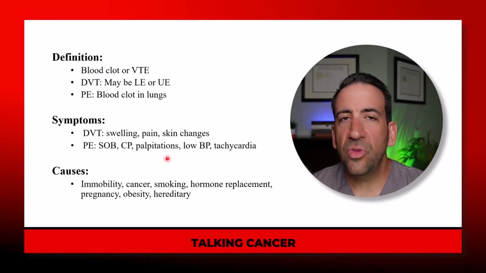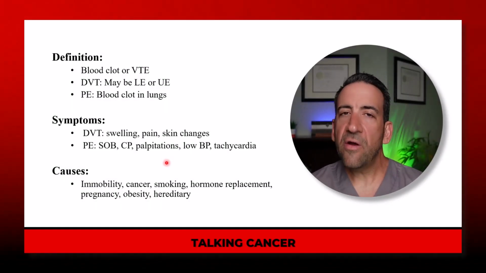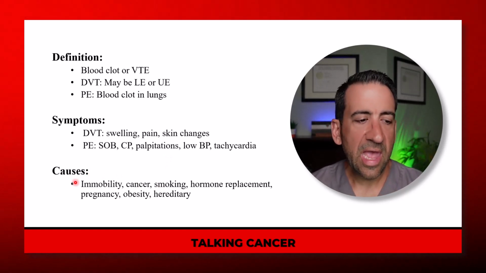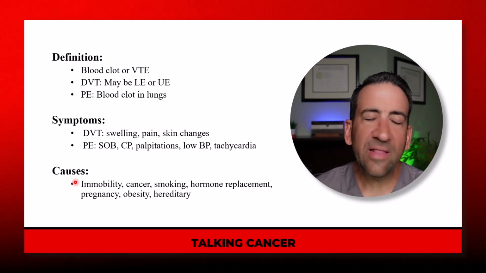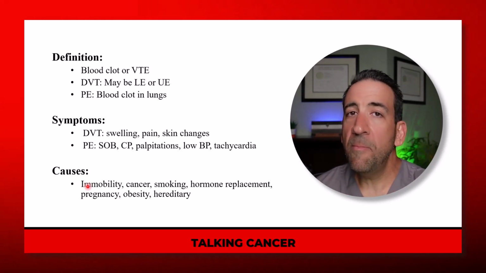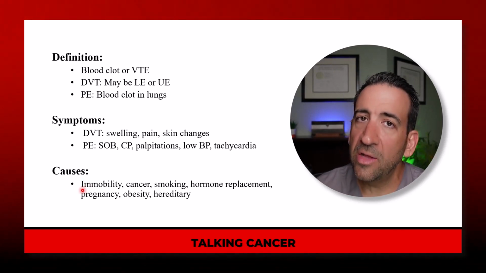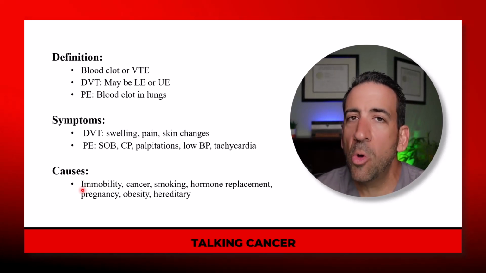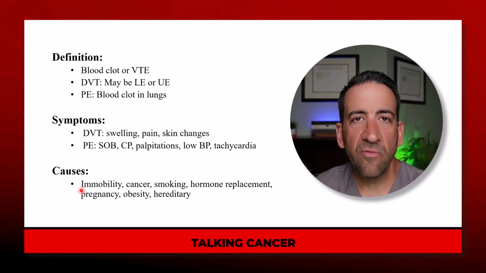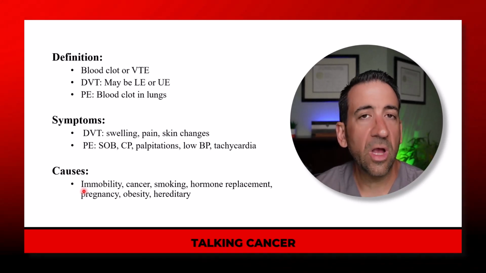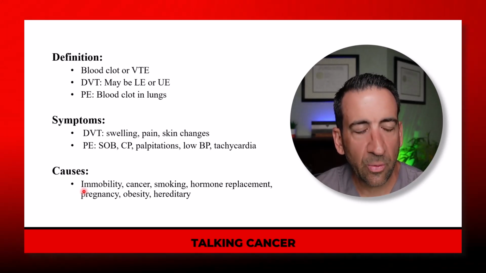Now we're going to get into the causes. This is a very important topic, and I want to spend a little bit of time on this. I can tell you that the number one, the number two, and number three cause of blood clots or DVT PE is immobility. Let me repeat that. Immobility, because we're going to go over this several times when it comes to treatment and other decisions that we have to make.